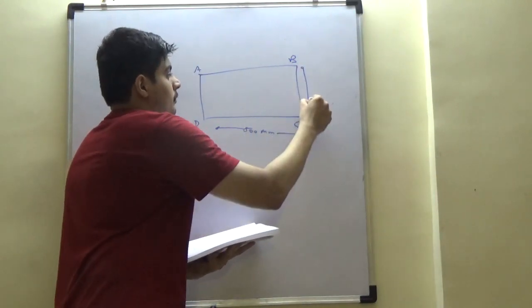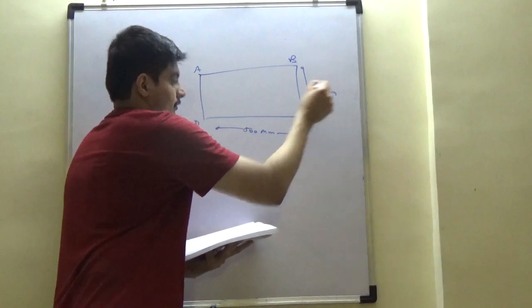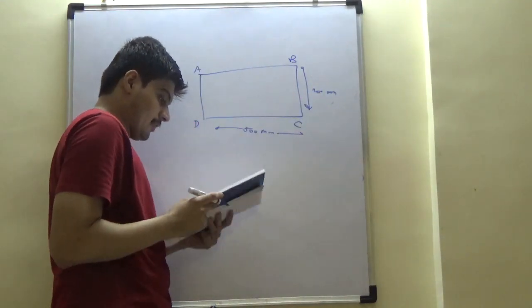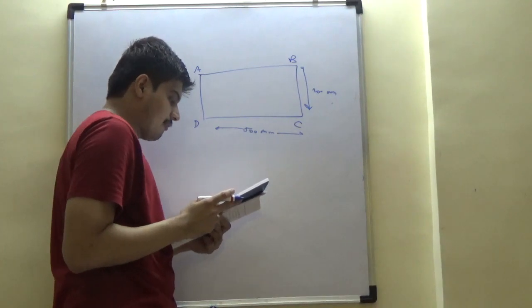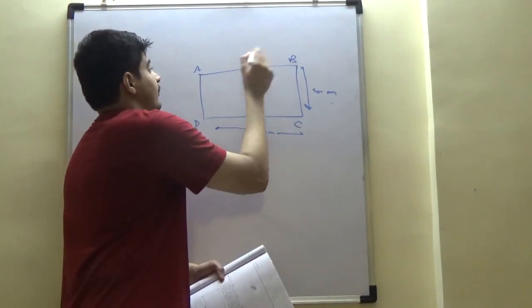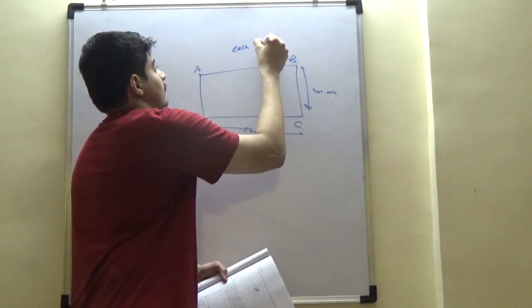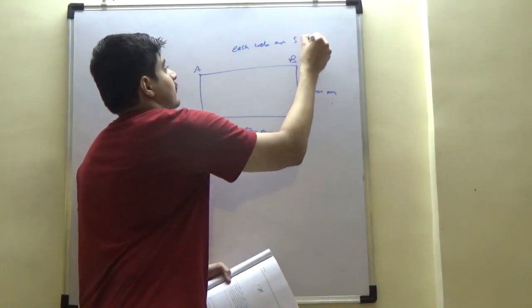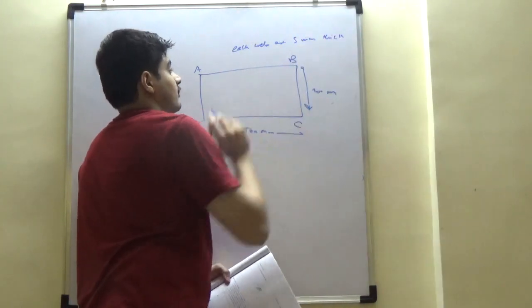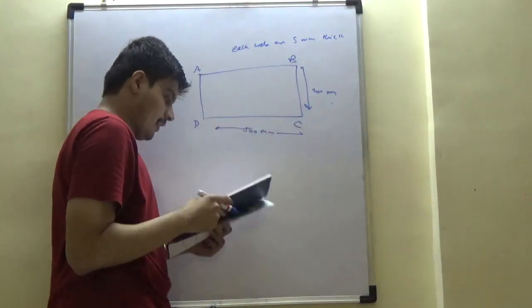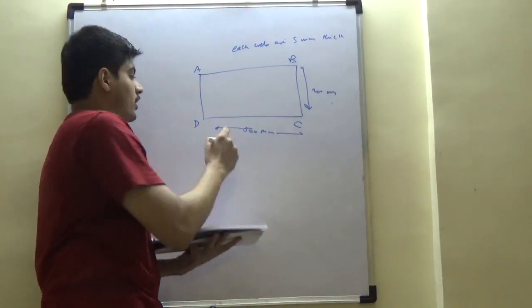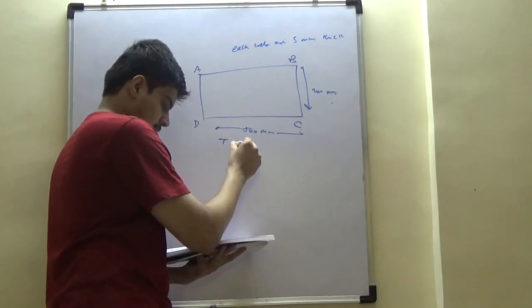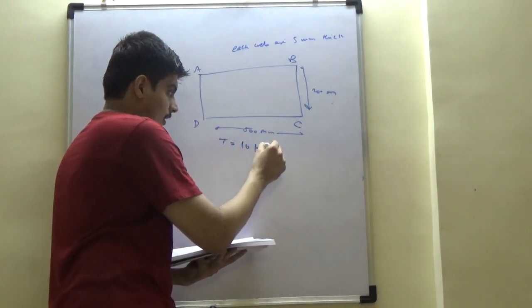This is 200 mm. Now, these are the dimensions given. These each are 5 mm thick. So each web ABCD is 5 mm thick, and it is subject to a twisting moment of 10 kilonewton meter.